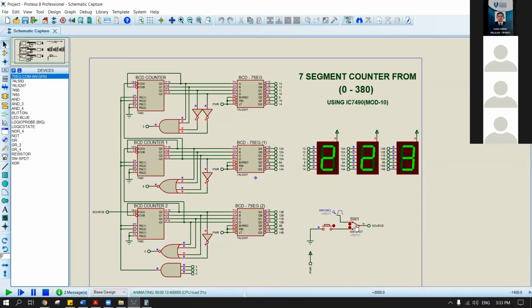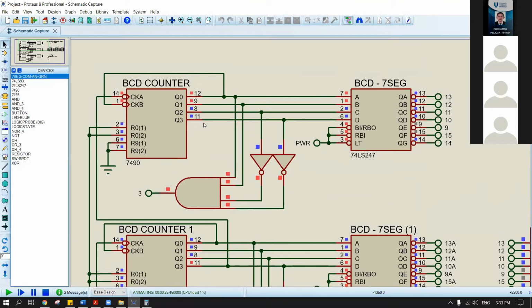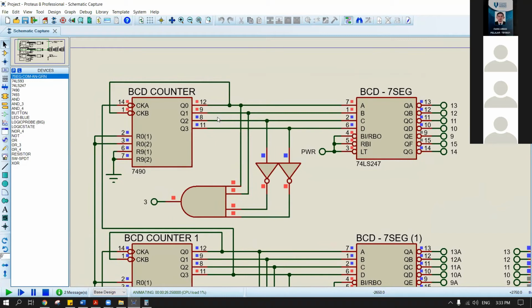Until 3, this is by push button manual. You guys can see it is high and low. That means 1100. Okay, so this part is settled.